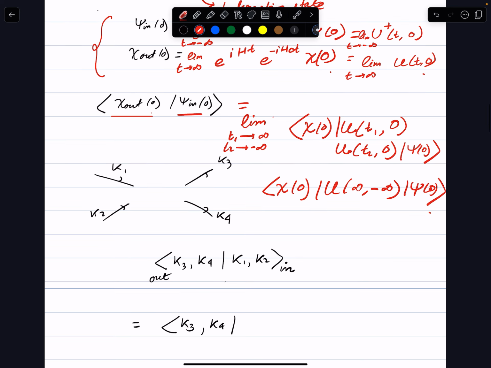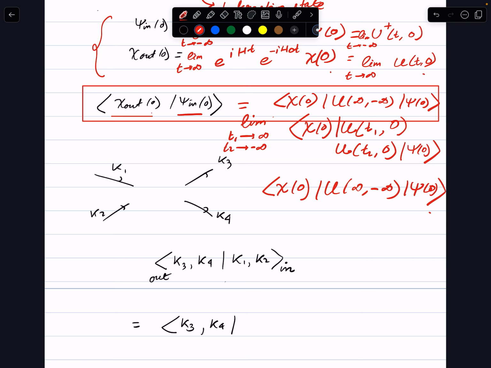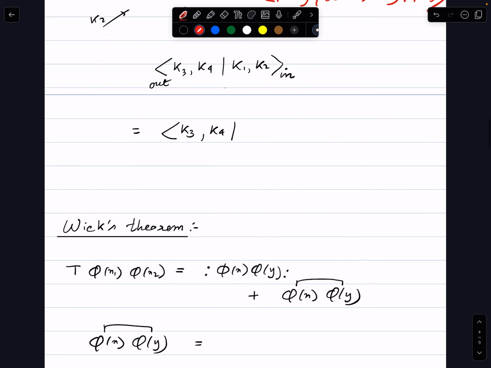So what does this result mean? Let me write it here again: chi 0 U infinity minus infinity psi 0. What I want to solve is a problem in the interacting theory, but I don't know the interacting states.